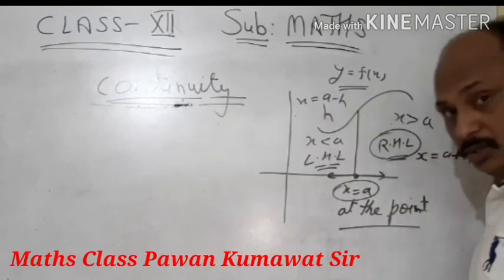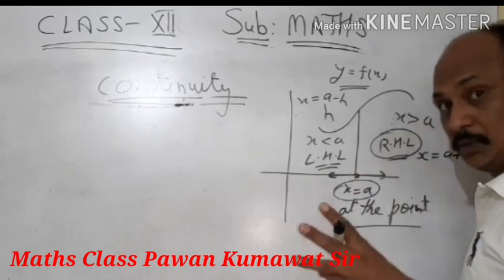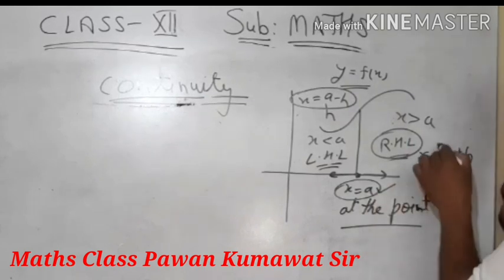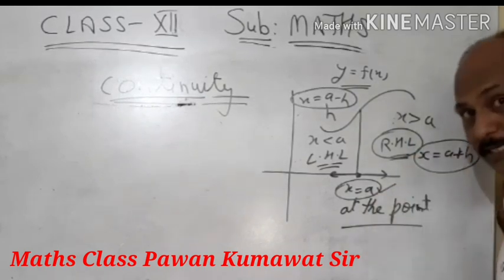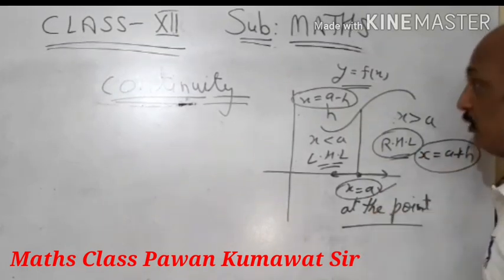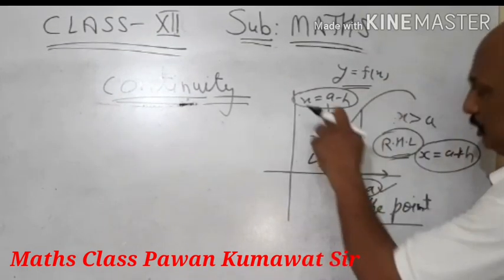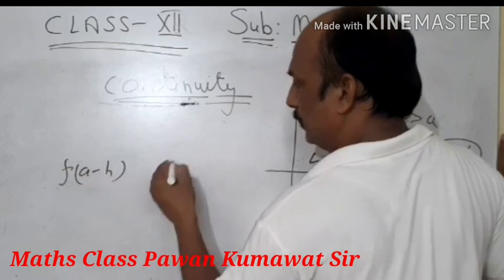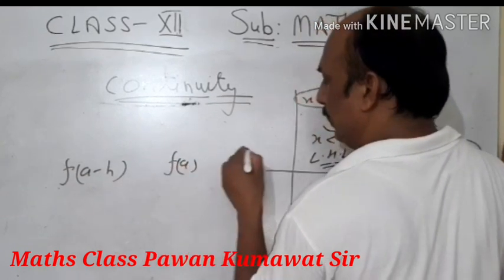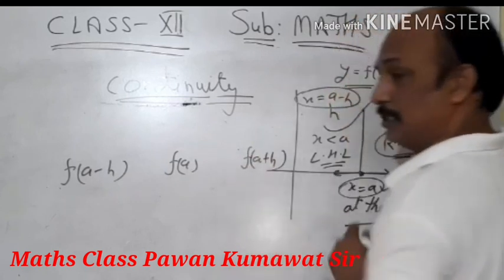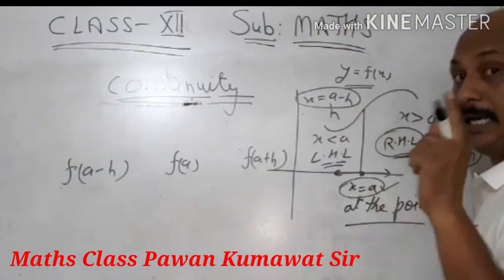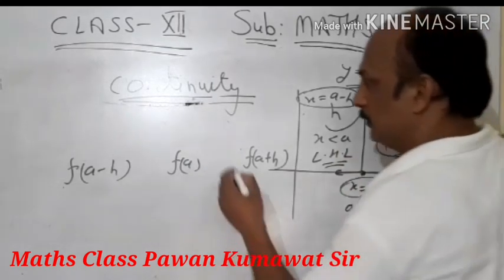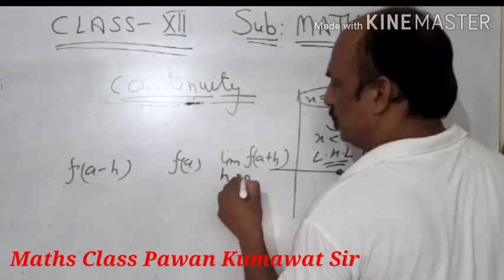Is that clear? So we have three values of x: this one and this one. Then we want to find the value of f(x) at these 3 points, like f(a minus h), f(a), and f(a plus h), where h should be very small, means limit h tends to 0.